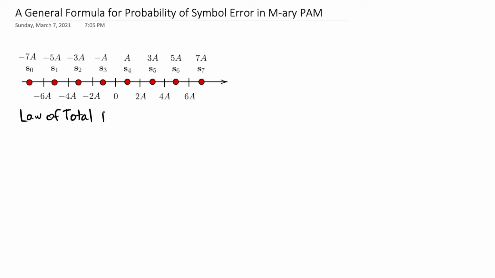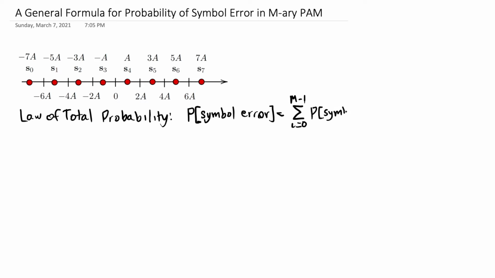Using the law of total probability, we're going to write that the probability of symbol error is a sum of the product of the probability of symbol error given Hi times the probability of Hi. And this is because the hypotheses H0 through H sub M minus 1 form a partition. That is, they don't overlap, and exactly one of those events always happens.